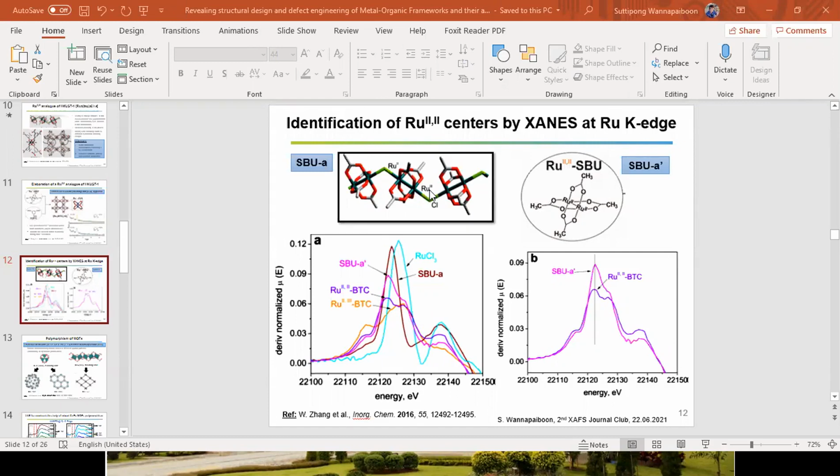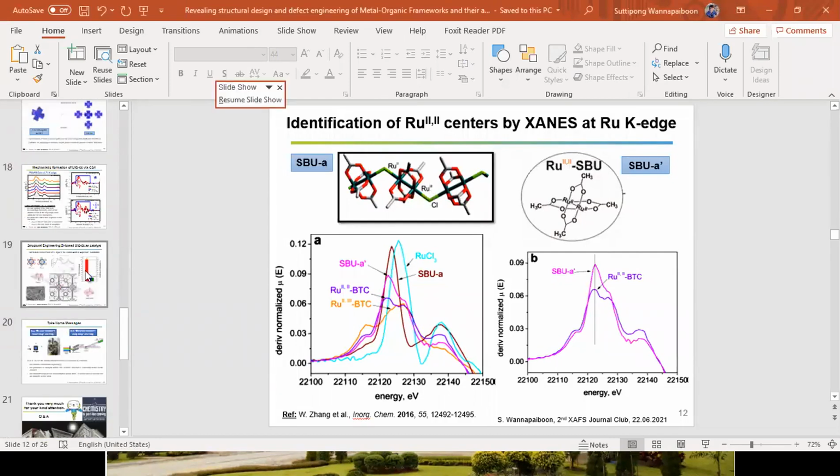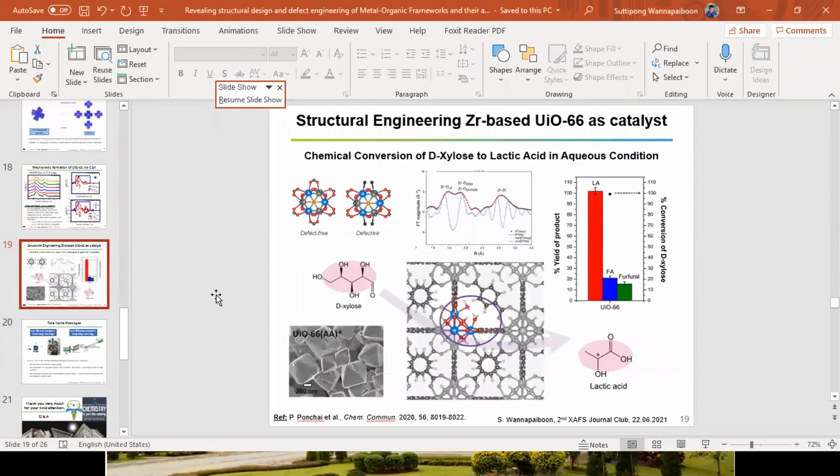That means the MOF structure still remains, right? Okay, yeah, right. The periodic structure is still the same. Maybe I go to this slide.